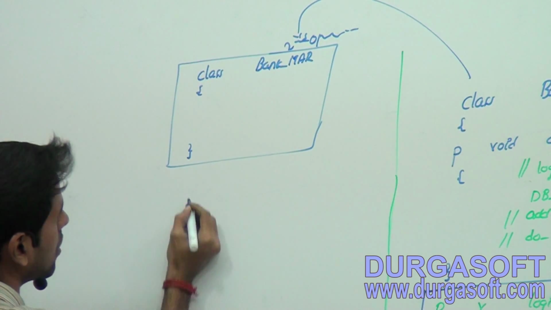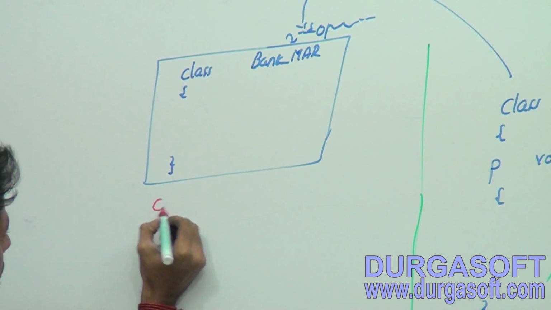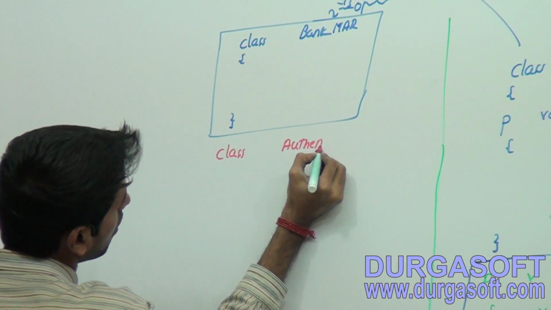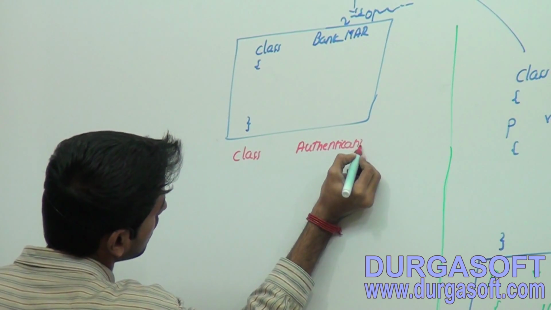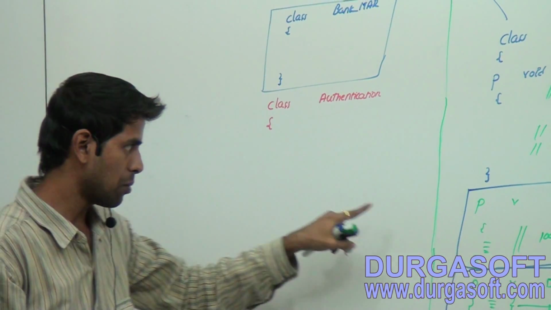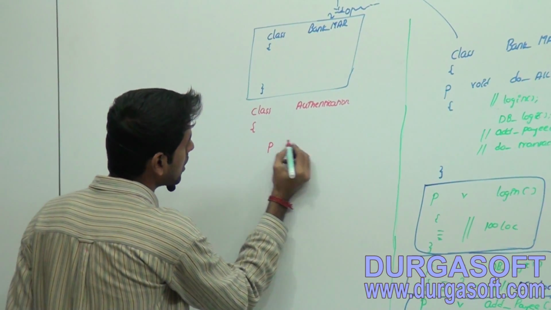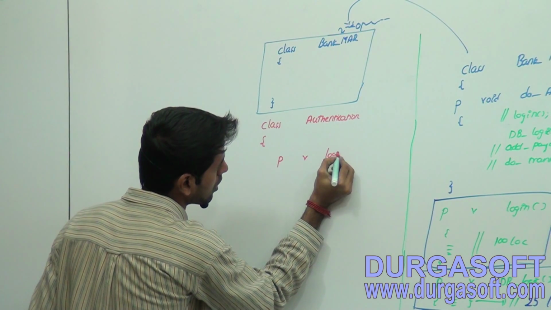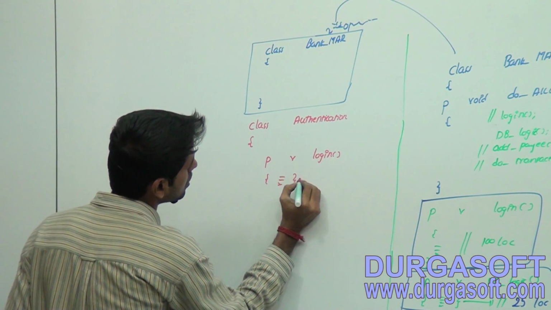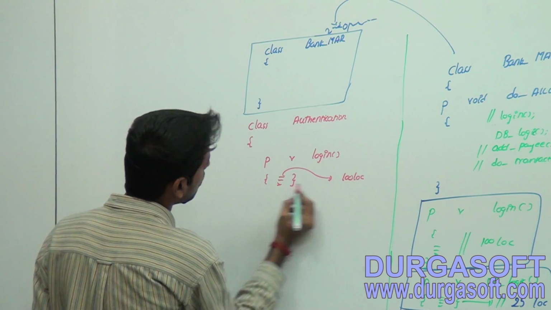Now take a class called Authentication. Within this class simply maintain the login logic. Public void login, containing 100 lines of code.